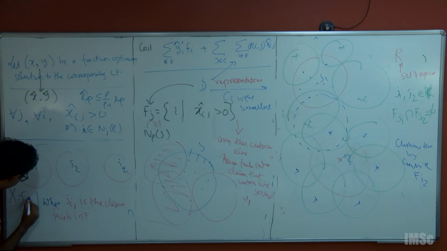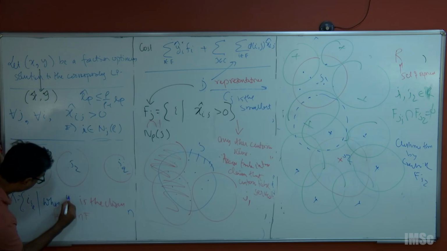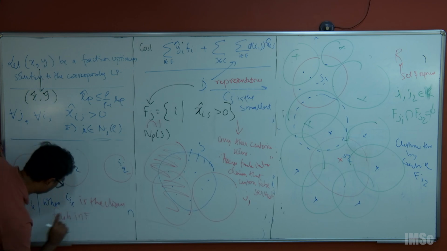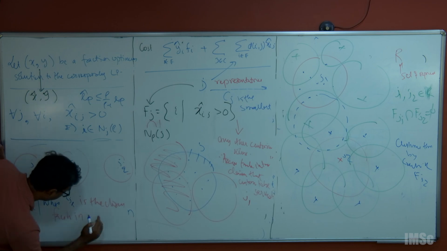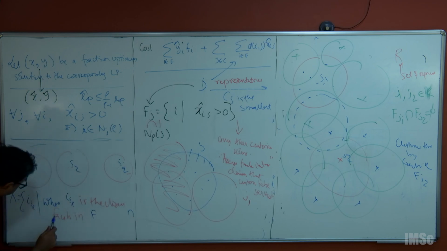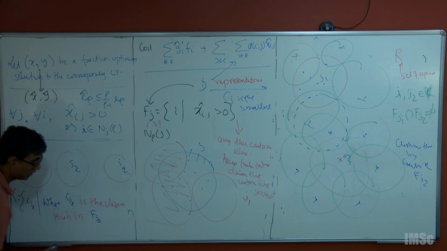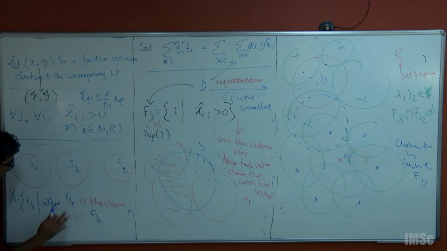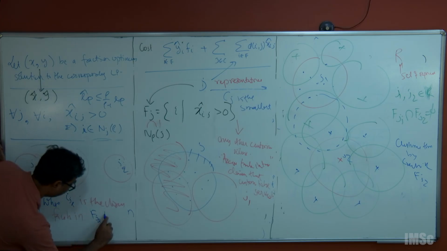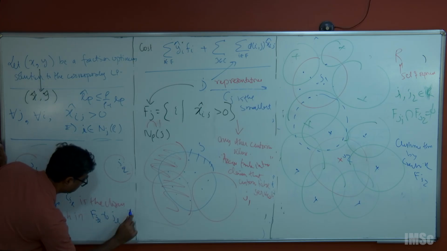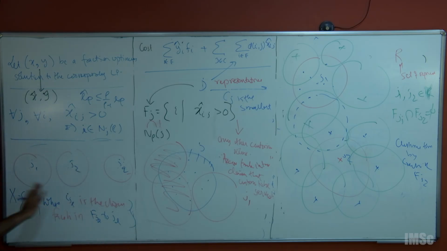It should be I of JL, where I of JL is the closest facility in F of JL, to JL. Right? So this is my X. This is the creation of my X.